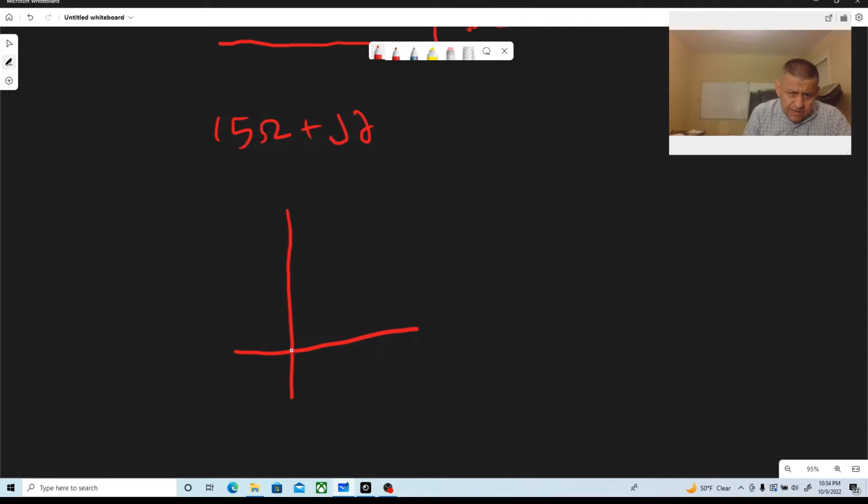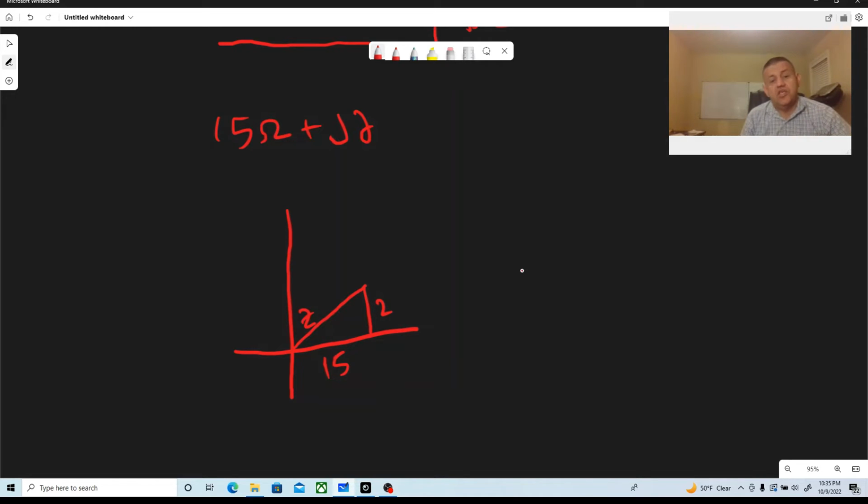This is 2, and this is 15. So I'm looking for the Z value.